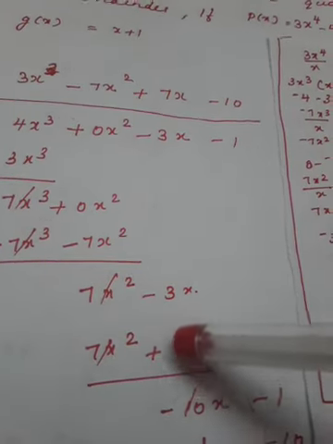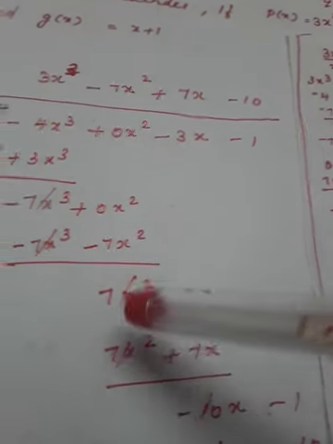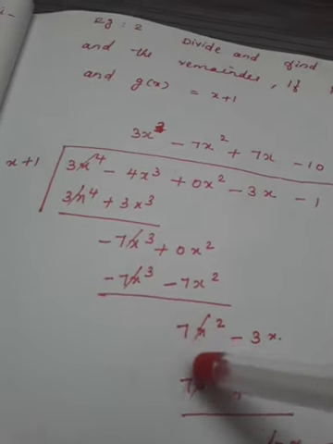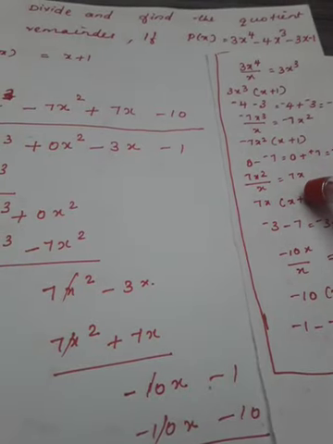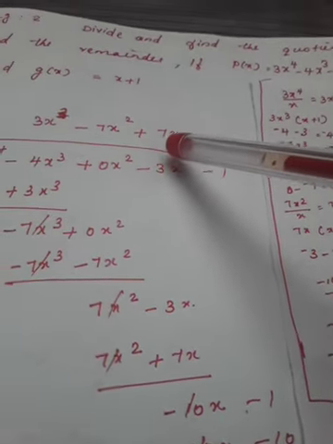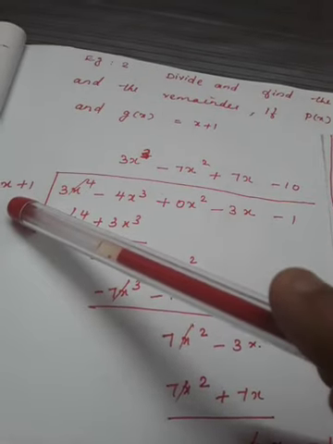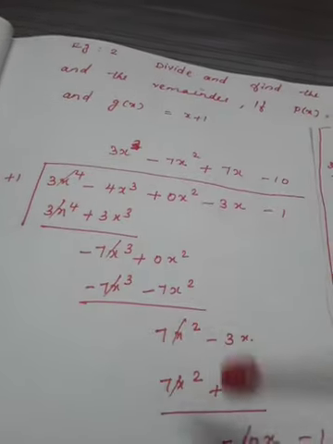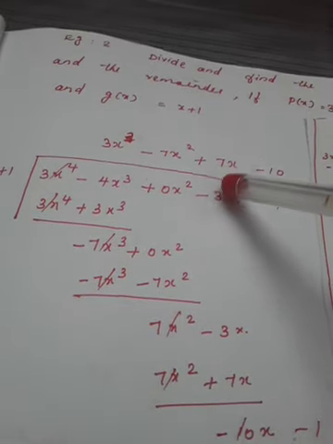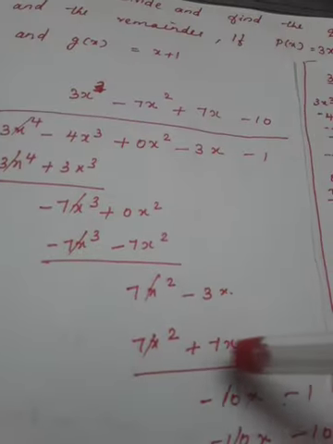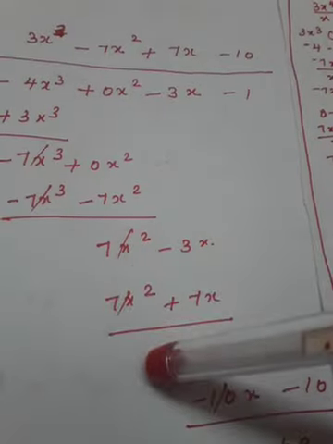Write the next term, negative 3x. Now again take the first term 7x square and x. Divide them. Then what we will get? 7x. That we need to write in the quotient part. Then multiply that by x plus 1. Then 7x into x is 7x square, plus 7x into 1 is 7x. Again subtract.